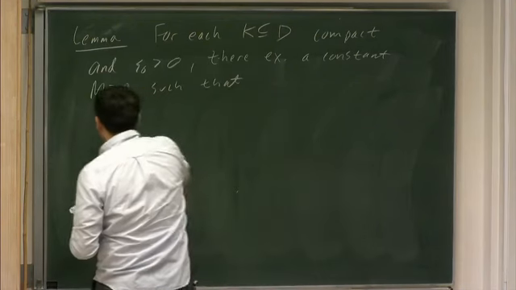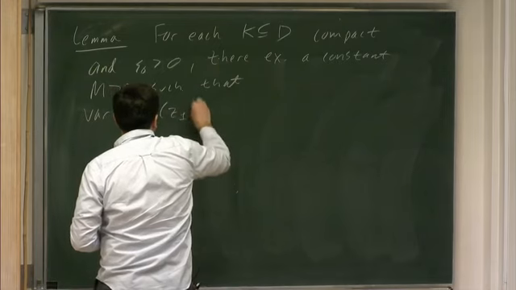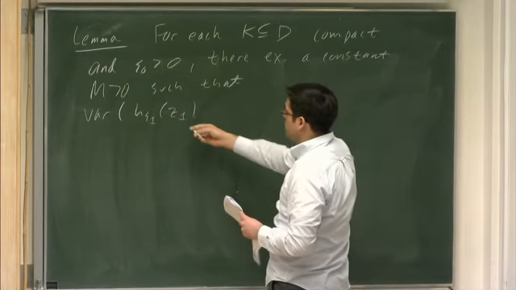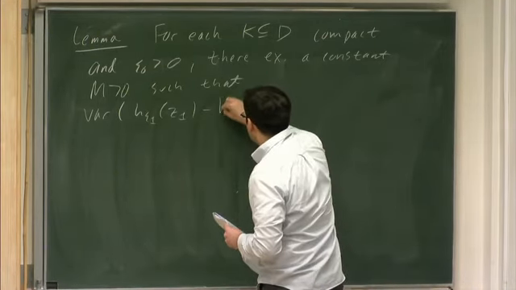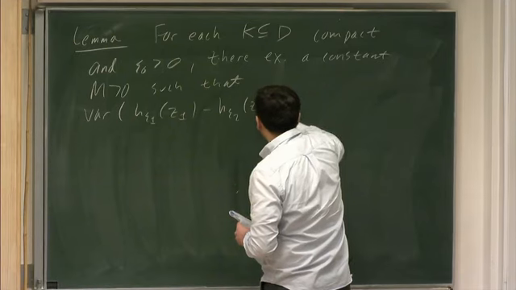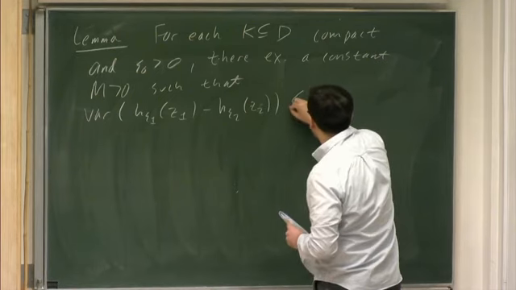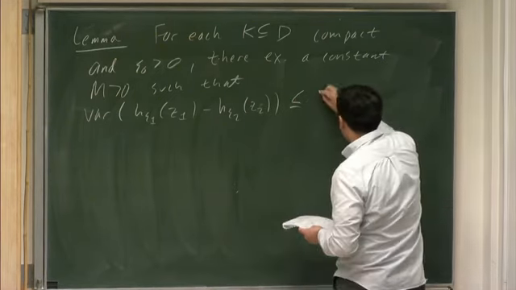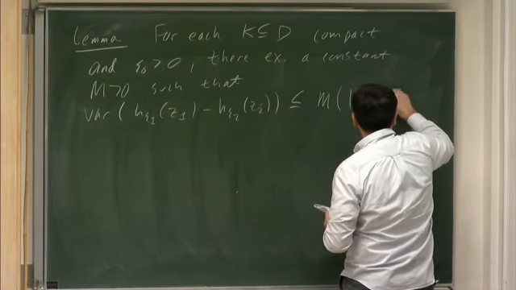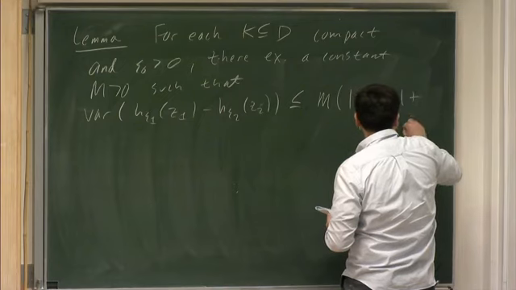such that the variance of the Gaussian free field averaged on the circle centered at Z1 of radius epsilon 1 minus the average of the Gaussian free field on the circle of radius epsilon 2 centered at Z2 is going to be less than or equal to M times the distance between Z1 and Z2 plus the distance between epsilon 1 and epsilon 2.